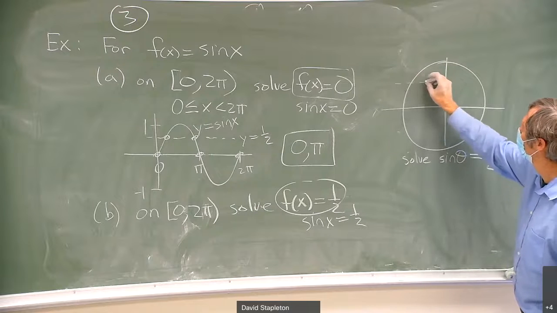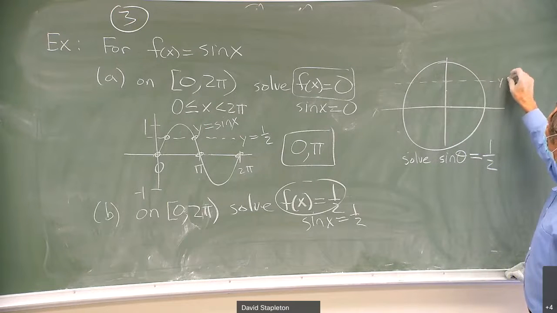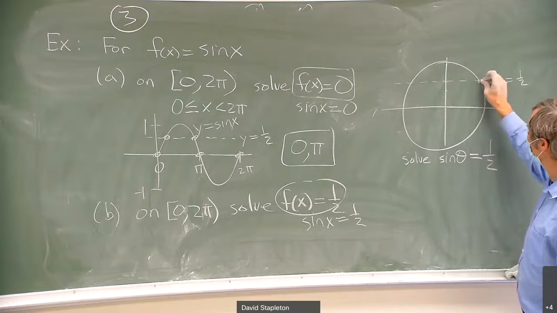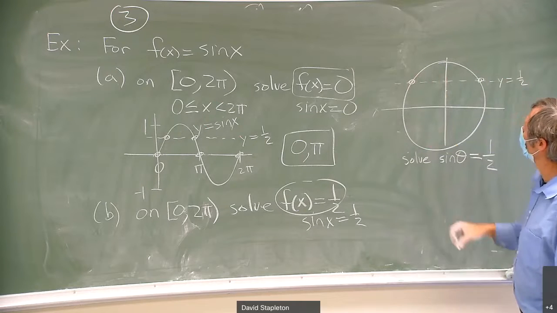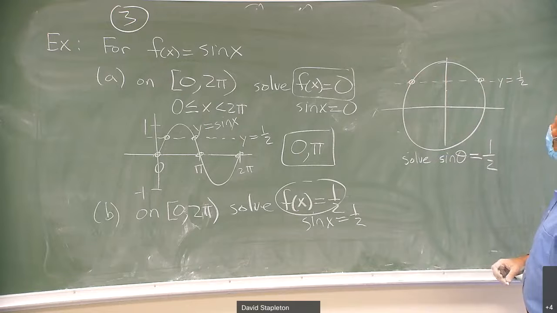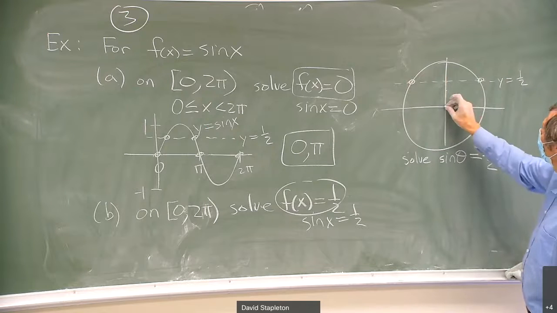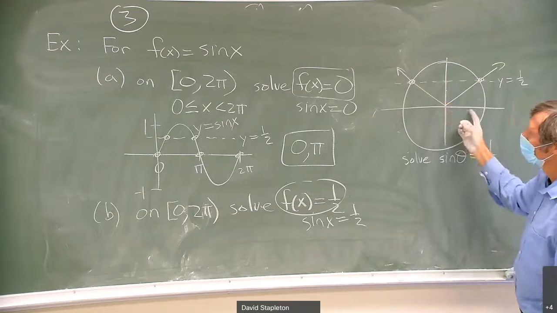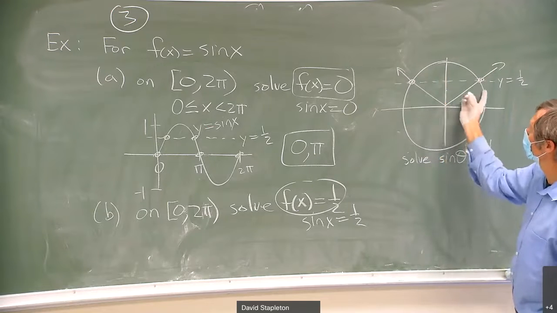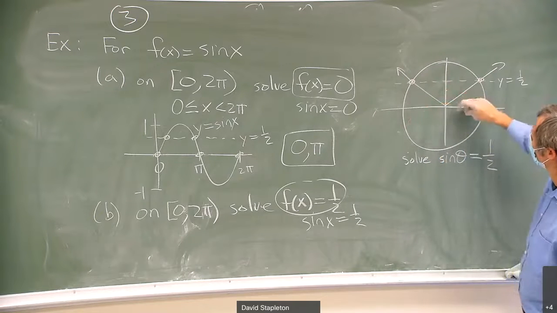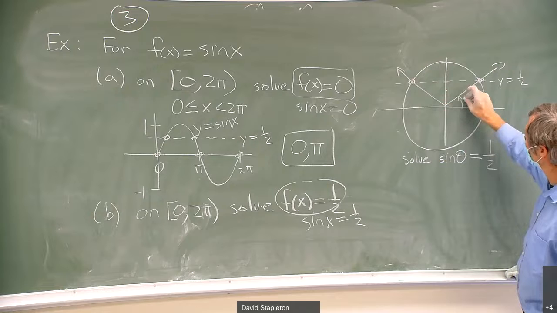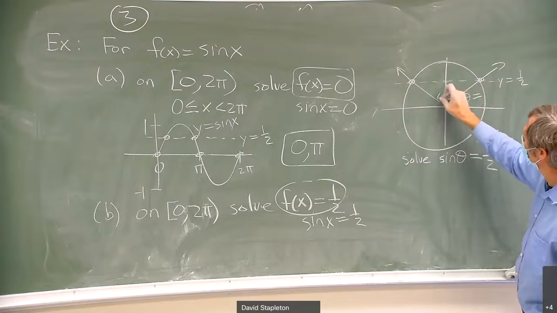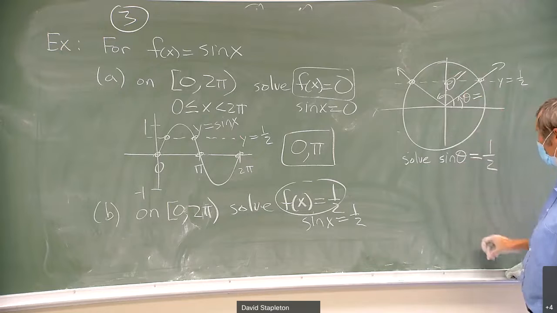Well, the y coordinate is the sine on the unit circle, so I'm asking what angles correspond to those 2 points on the unit circle? There's a terminal ray here and a terminal ray here. There are only 2 terminal rays. And if theta is restricted to be between 0 and 2 pi, 1 revolution, then there are only 2 angles also. Theta here and theta here. What could those be?